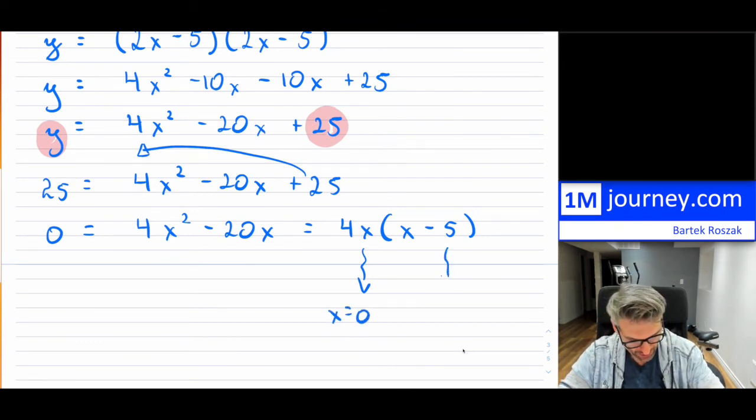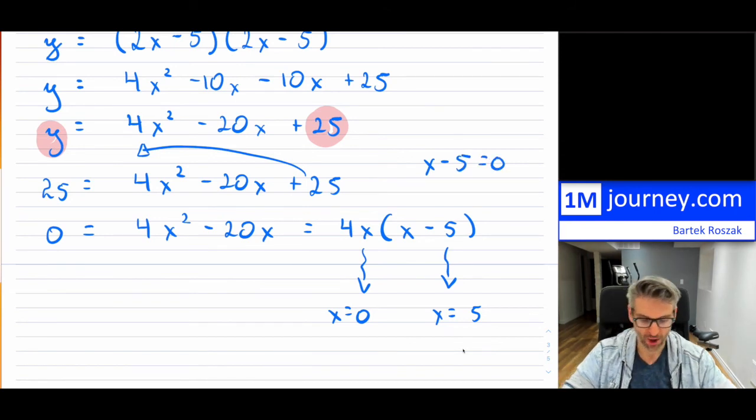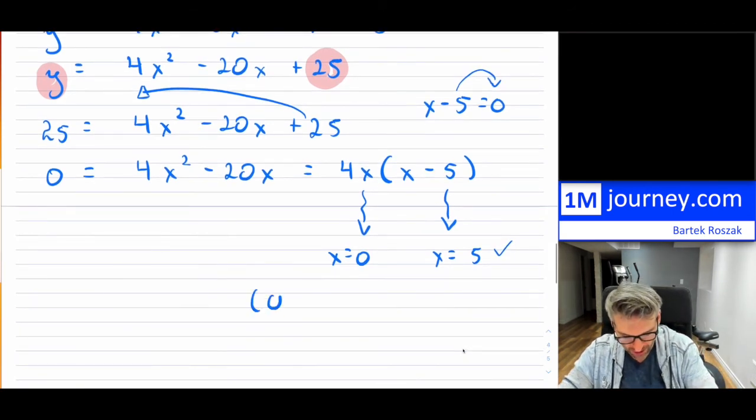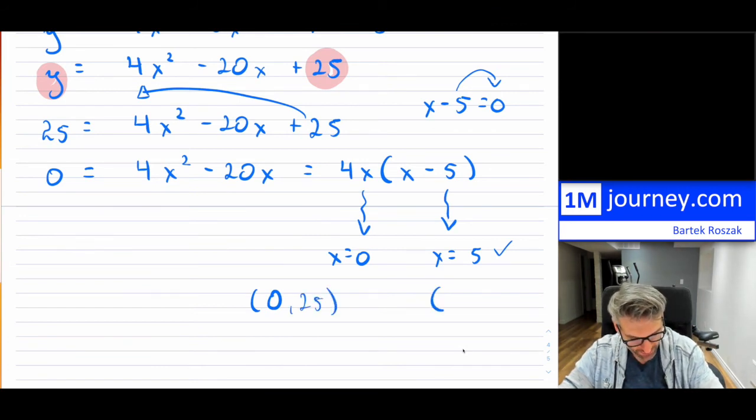And then here, if you solve that, this is going to be x is equal to 5, right? Because what we're doing is we're trying to find where the equation is equal to 0. So if you bring this over on the other side, you're going to get that. My 2 points, therefore, are 0, 25, and then the other point is 5, 25.